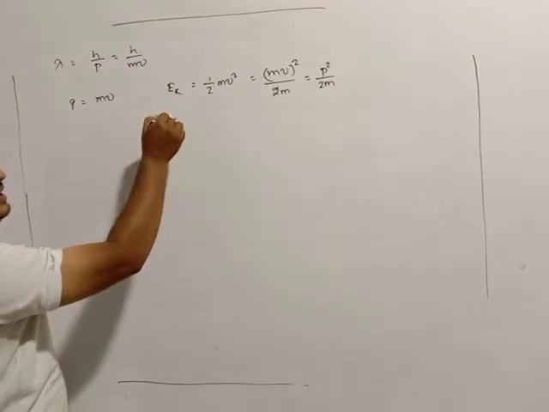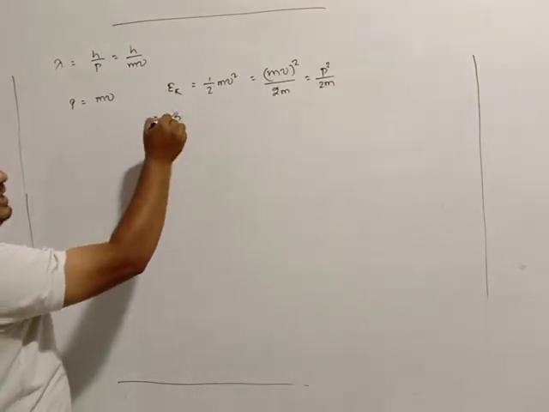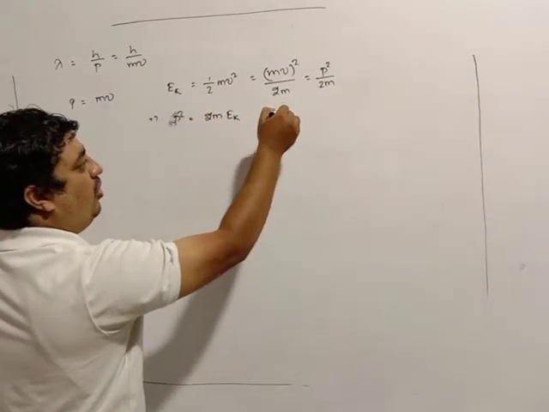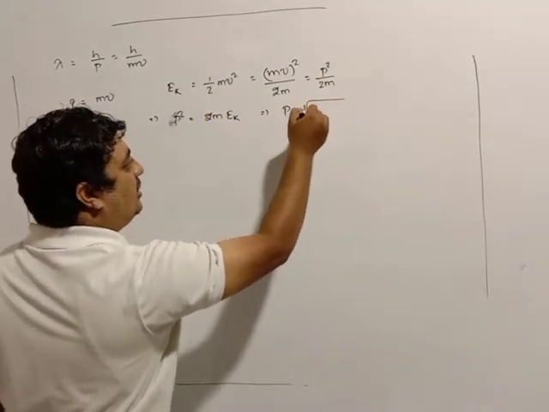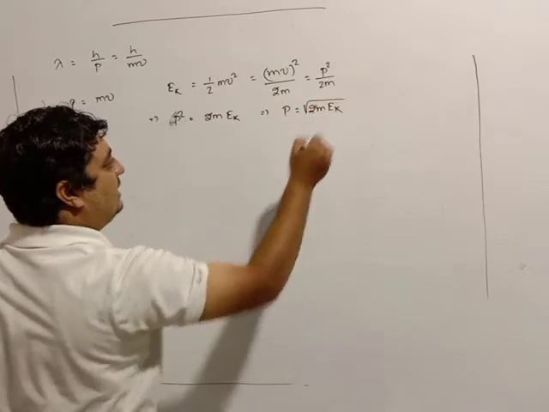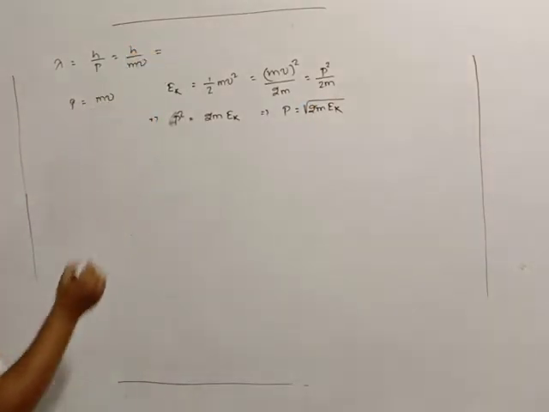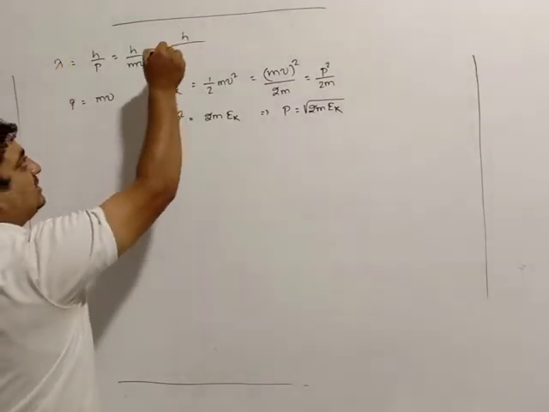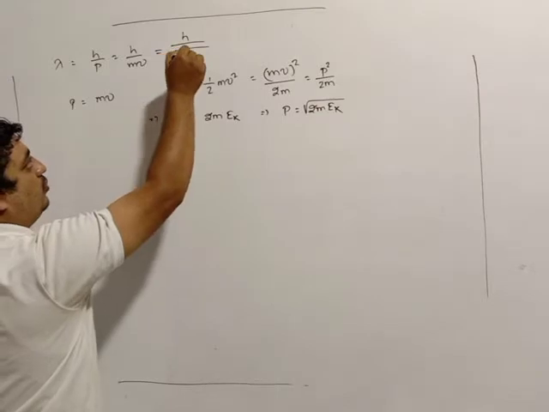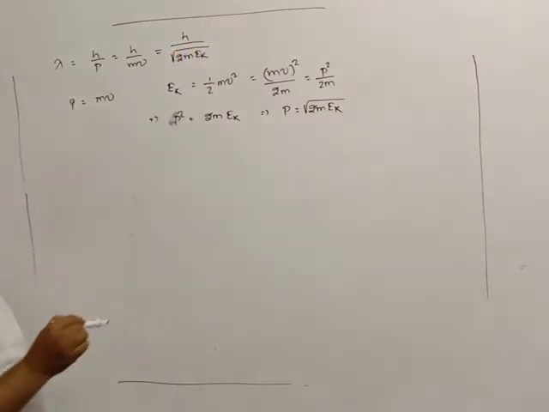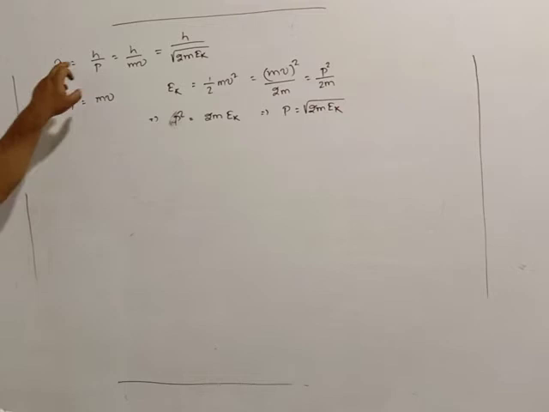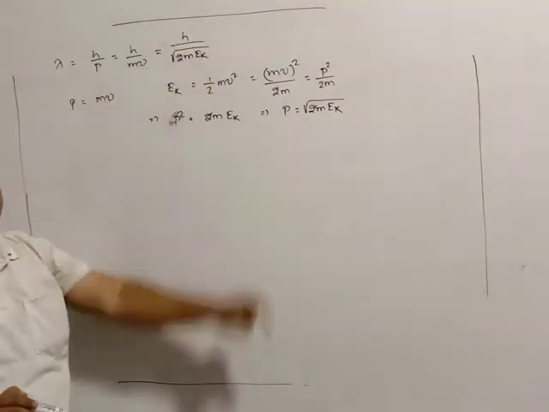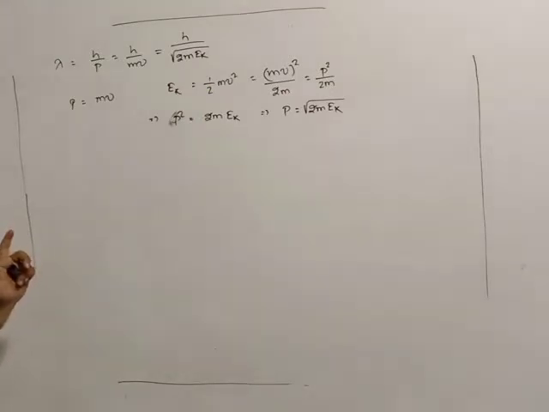That's why p square equal to 2m into kinetic energy, or p equal to root over of 2m into kinetic energy. So lambda equal to h by p. Instead of p, we can write h by root over of 2m into kinetic energy. So lambda in terms of kinetic energy, lambda equal to h by root over of 2m into kinetic energy.